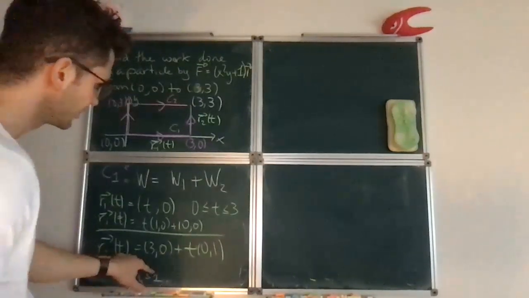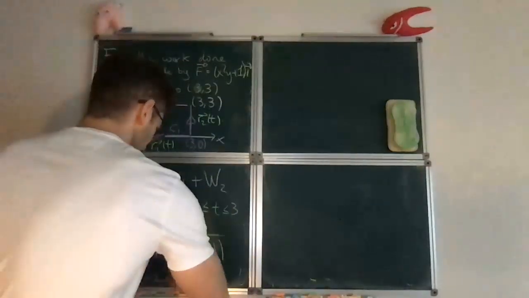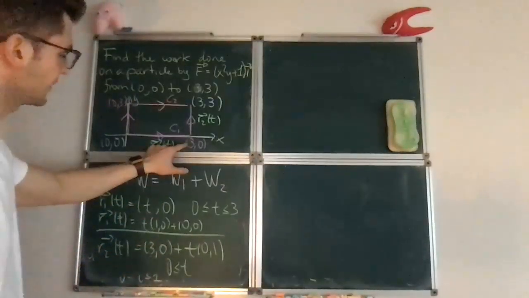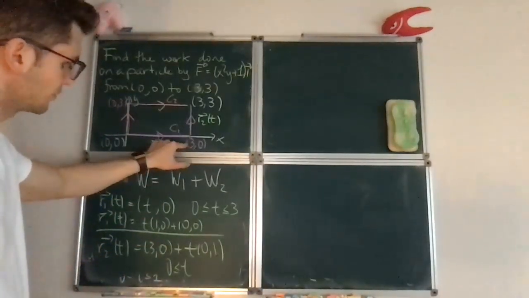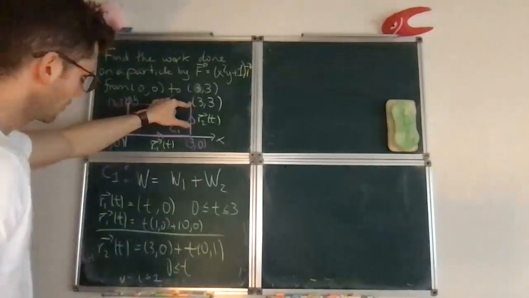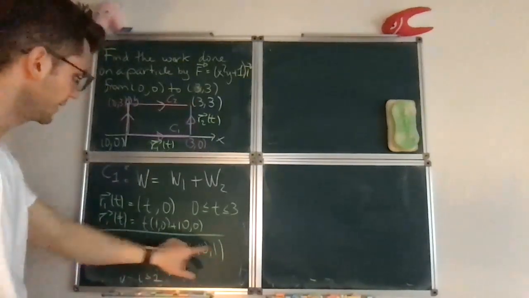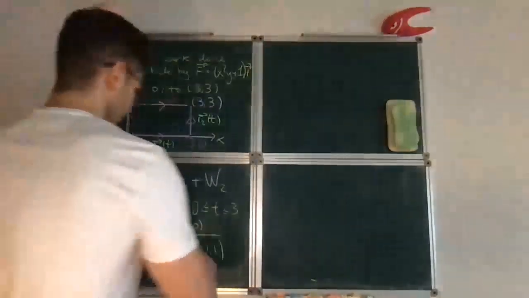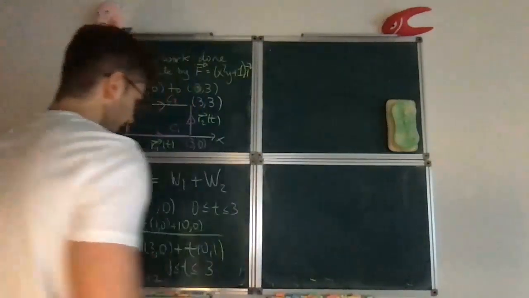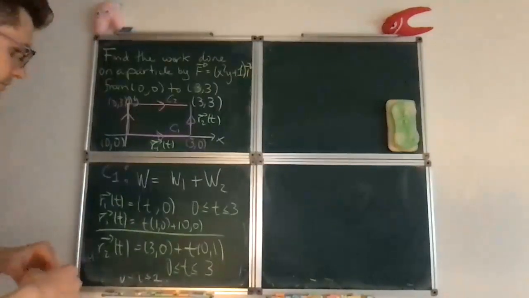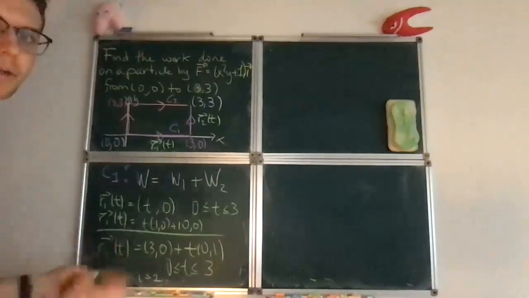So at t equals 0, you are at the point (3, 0), so you're here. And how long does it take you to get to this point? Well, it takes t equals 3, because when t equals 3, you get (0, 3) plus (3, 0), which gives you the desired length. Okay? So this is one way to find the equation of that curve.